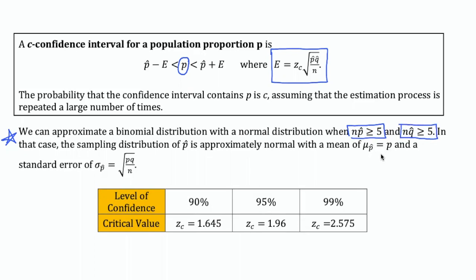And in that case, the sampling distribution of P hat is approximately normal with the mean of the point estimate for the population proportion of success will just be equal to P. And the standard error, or in other words, the standard deviation for the population proportion of success is given by this formula. And here we have a reminder of what those critical Z-scores are.